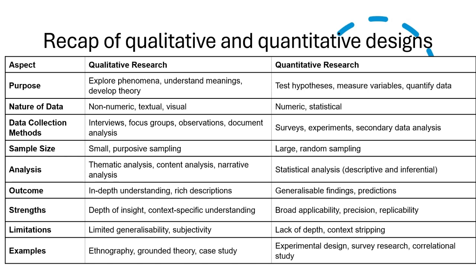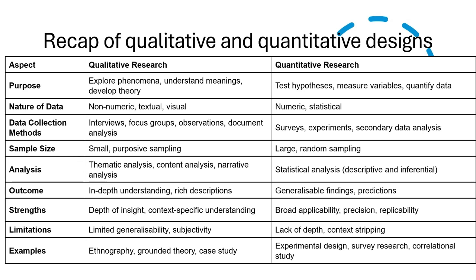In qualitative research, we would typically use interviews, focus groups, observation, sometimes document analysis. But these interviews, focus groups, observations are all translated into words, and therefore we work with words. Whereas in quantitative research, we're looking at surveys, experiments, secondary data analysis, where we work with numbers.